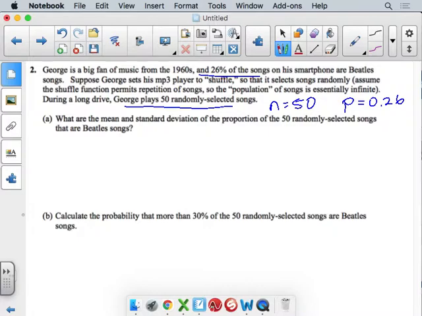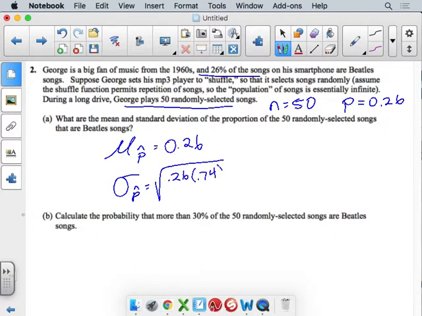Okay, what are the mean and standard deviation? So we've got one sample, and the mean of all the possible samples of 50 from his collection of music should average out to that 26% mark. That's just where it should average out. But then there's a typical deviation of 26% times, what is that, 74, right?